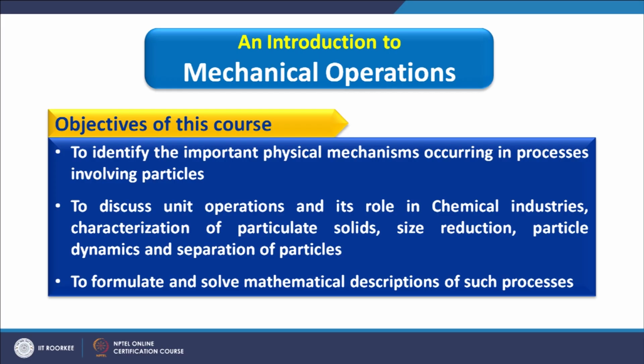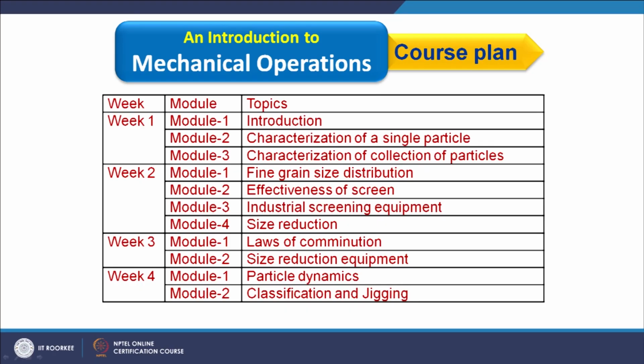The course plan is here. This is a 4-week course which is divided into a total of 11 modules. In week 1 I am having module 1, which is the introduction, which I am discussing right now. Module 2 consists of characterization of a single particle. Module 3 is characterization of a collection of particles, and that is the whole content of week 1. In week 2 I am having 4 modules.